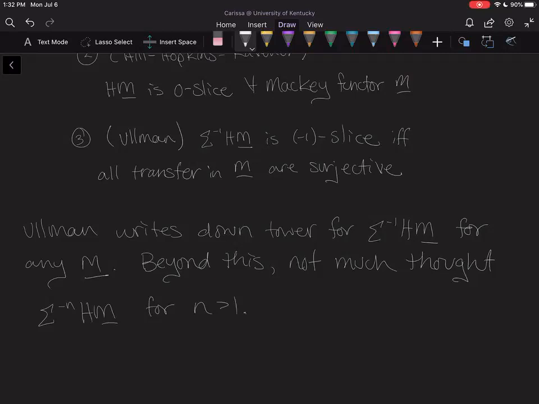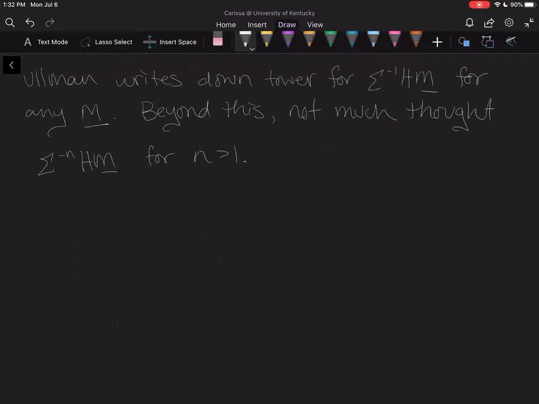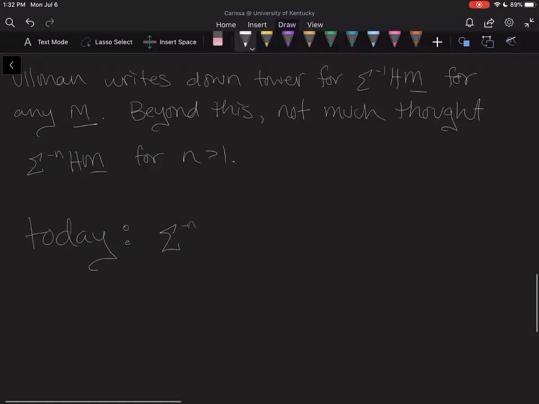And that's what I'm actually looking at with my work. So I've focused almost completely on desuspensions of Eilenberg-MacLane spectra. And what we're going to do today is write down the complete tower for desuspensions of the constant Mackey functor F over C2, rather HF.